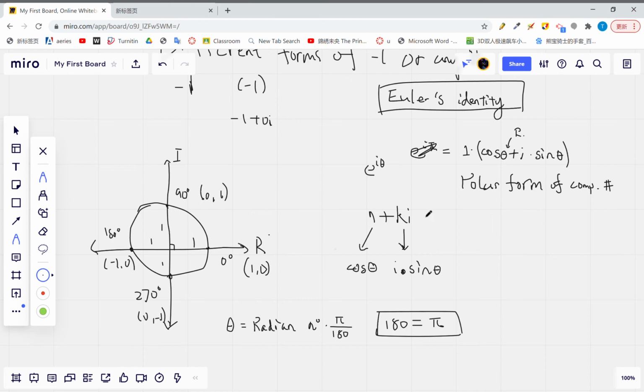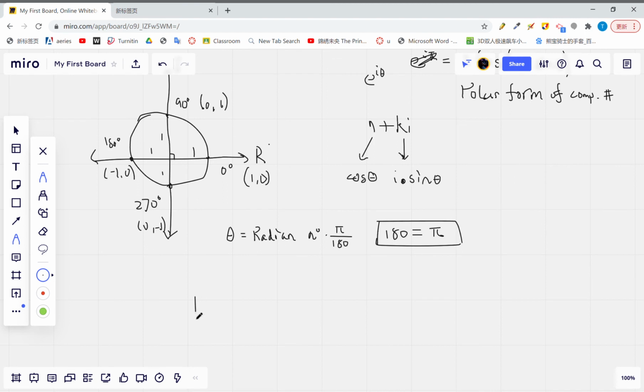Let's say it was 180 degrees, right? 180 is -1. So -1 is 1 times cosine pi plus i times sin pi.